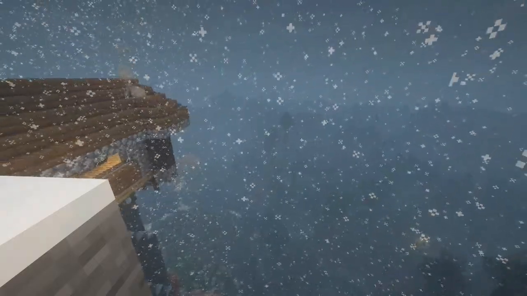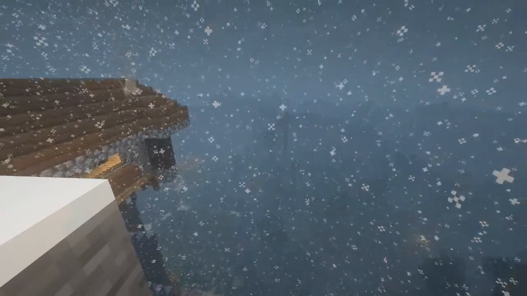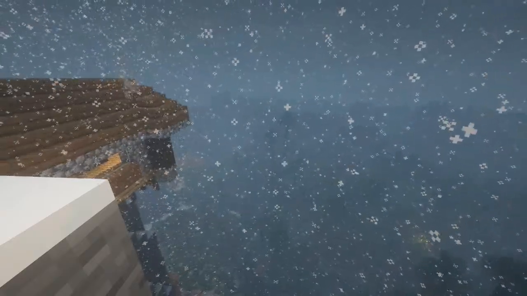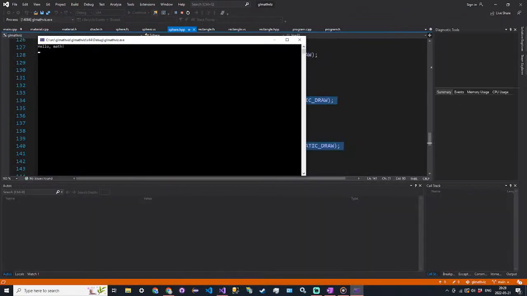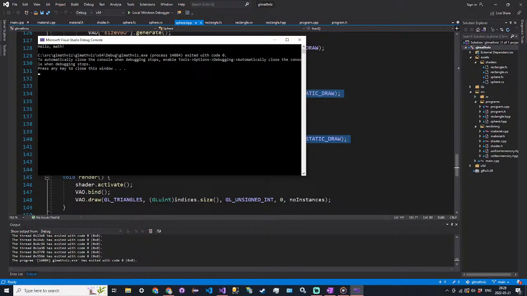I added the colors in here. I added two VBOs for the two different colors that we're passing in, the diffuse and the specular color, and this is what should be the output with a bronze sphere.